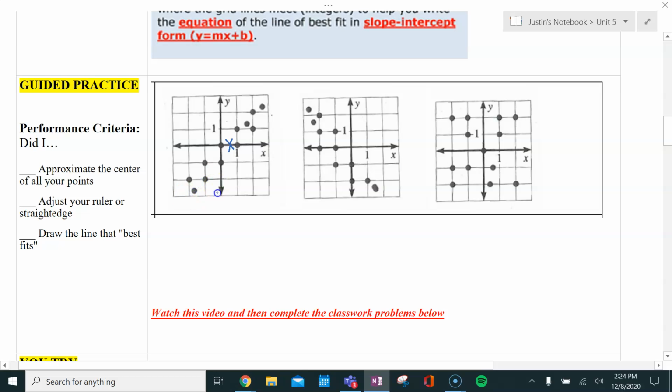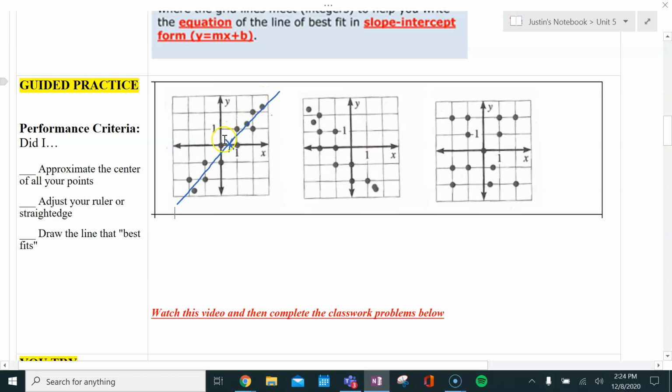So obviously I don't have a ruler right now and you can't see me using the ruler, but when you guys are using a laptop, it is hard to draw with a ruler. So just draw the best possible line you can that gets through those points.